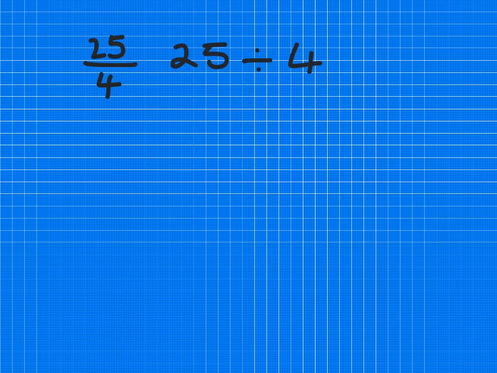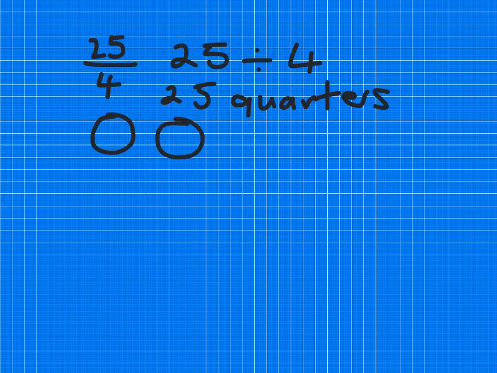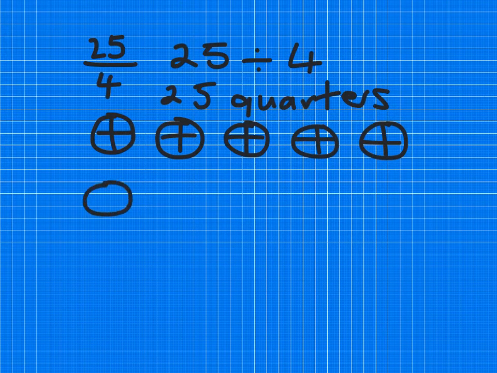So 25 is divided into 4 equal parts, or we could say we've got 25 quarters. Whichever way you want to look at it. If we have 25 quarters, we might want to draw some wholes and start cutting them into quarters. That's 4 quarters, 8, 12, 16, 20, 24, 28 quarters.